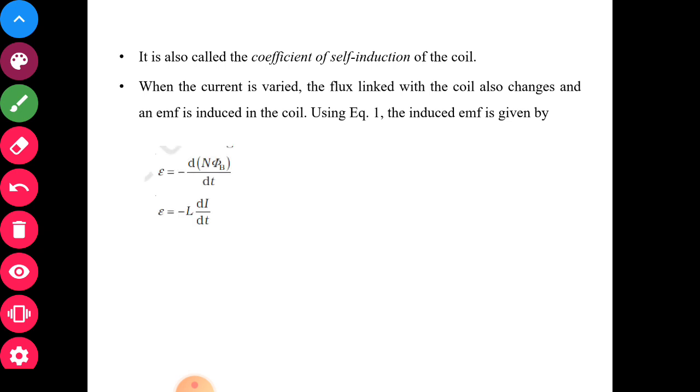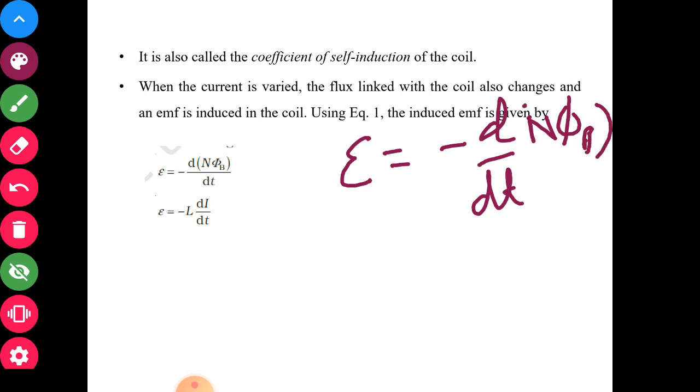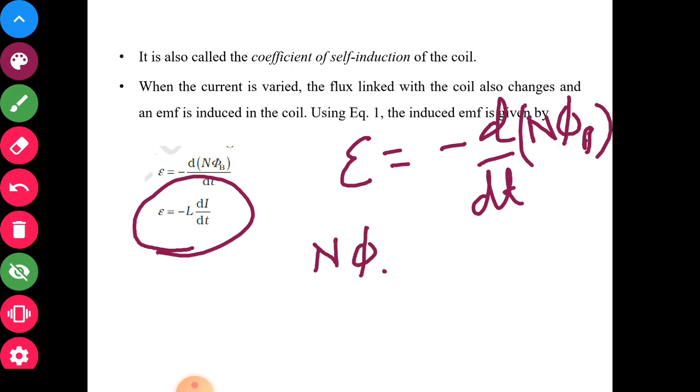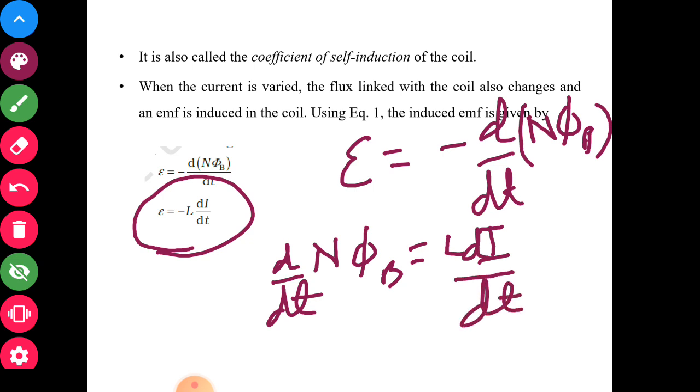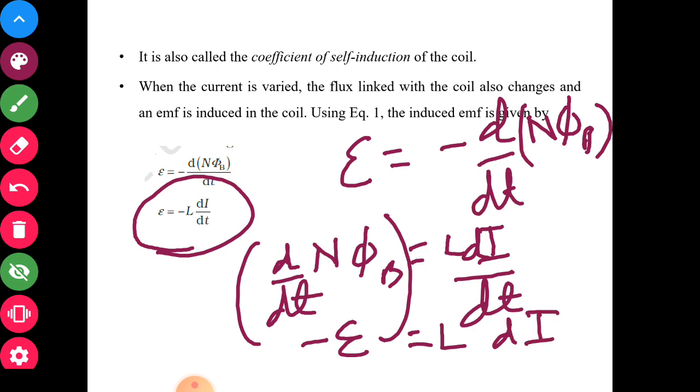So when you are changing the flux, according to Faraday's law, epsilon is equal to minus d by dt of total flux, that is N phi B. Now if you take the differentiation, epsilon is equal to minus L dI by dt, because we had N phi B equal to L I, and differentiating, L is constant, so we get dI by dt.